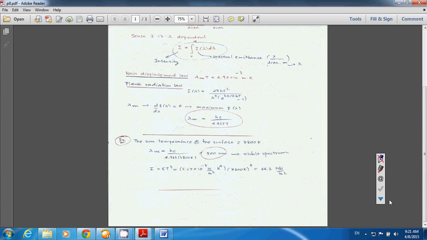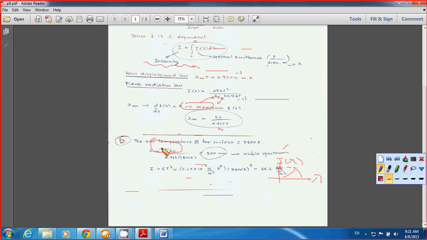Let's take a look at the sample here. The sun's temperature at the surface is about 5800 Kelvin. So from the equation you can find lambda max. It's about 500 nanometer, which is the visible spectrum. That's why you can see the sunshine, right?